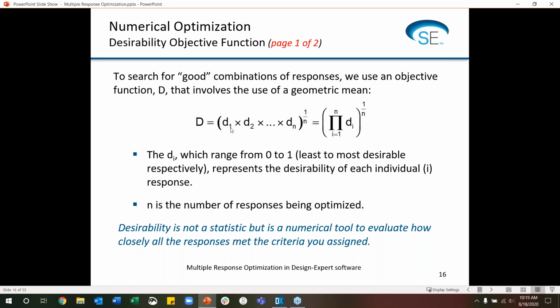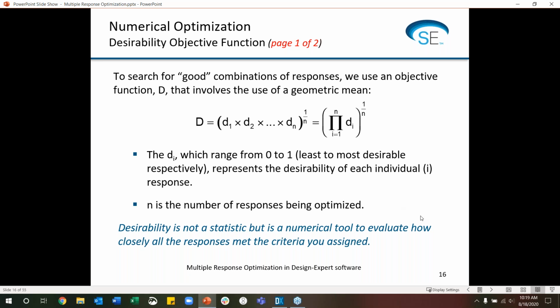So I will have a desirability for conversion and a desirability for activity and all my other responses. These mini desirabilities are multiplied and then taken to the power of 1 over the number of small desirabilities. Okay, so this is called a geometric mean. These little d's range from 0 to 1, just like the big D does, which is least desirable to most desirable, and n is the number of responses.